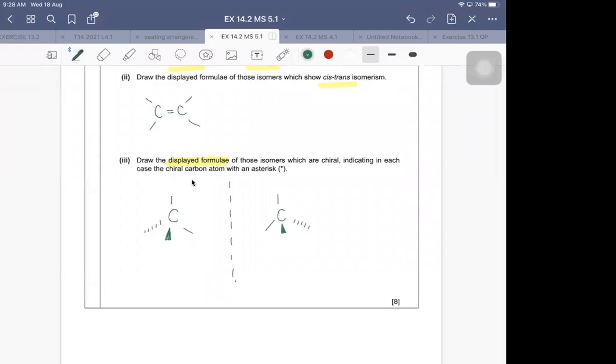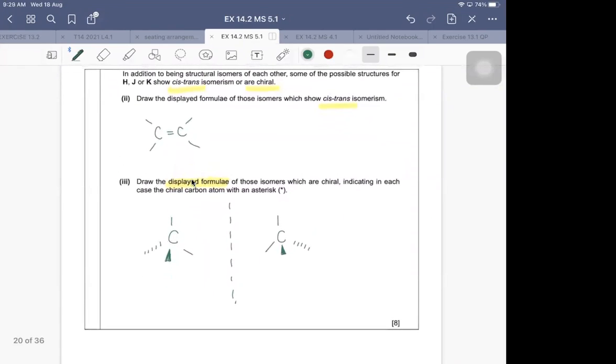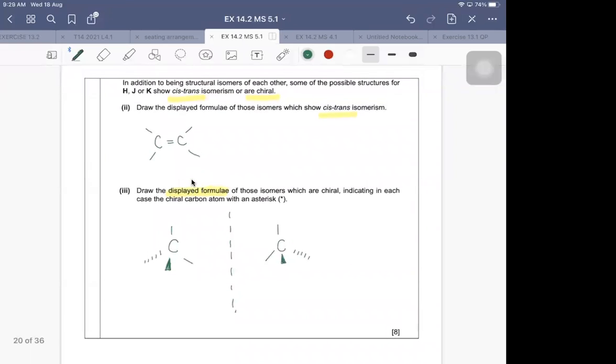I will leave you with that to complete. Just make sure you read the question carefully. If it asks for the displayed formula, and I just noticed that the question in part 2 also requires you to draw the displayed formula, so please do it.